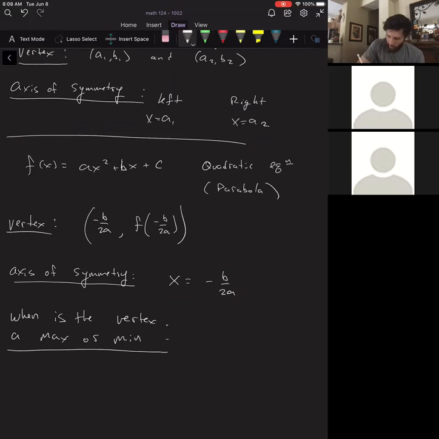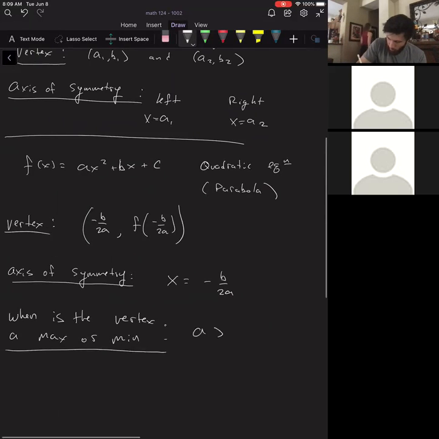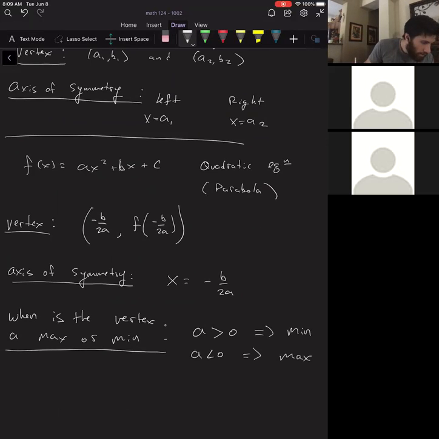If the a value above is bigger than 0, this is going to imply a minimum. And if a is less than 0, this is going to imply a maximum. Okay.